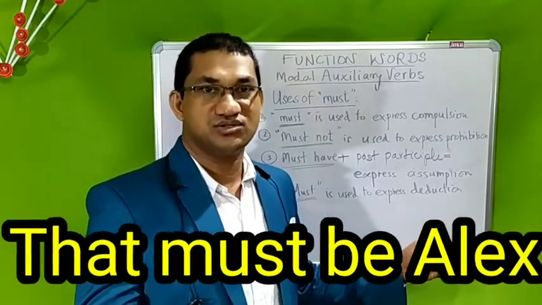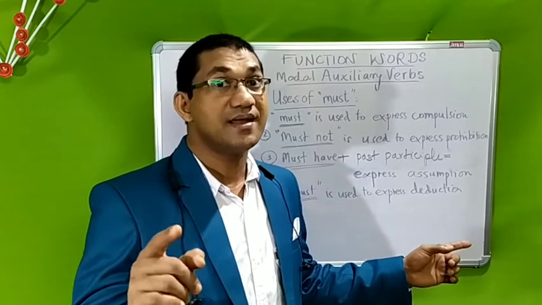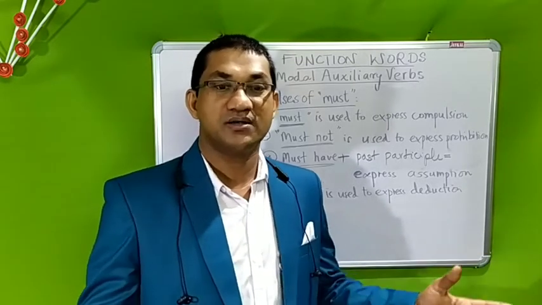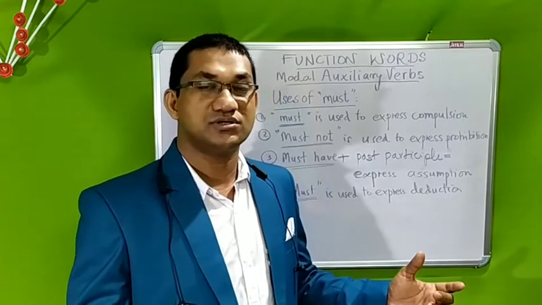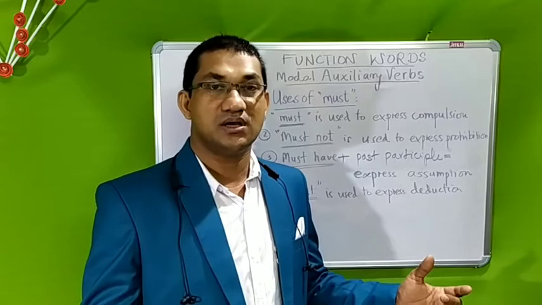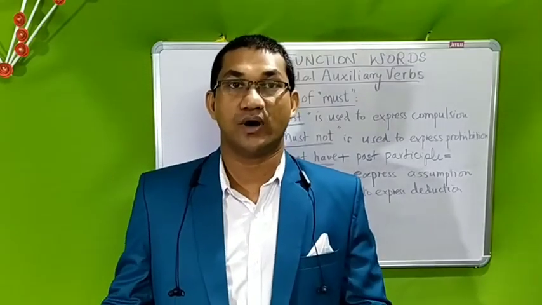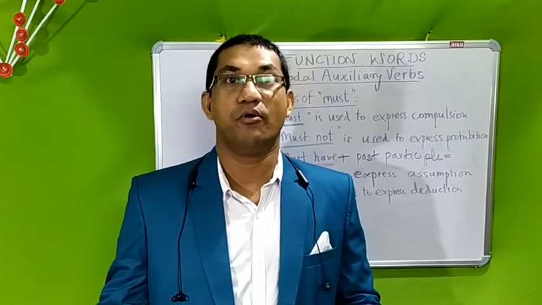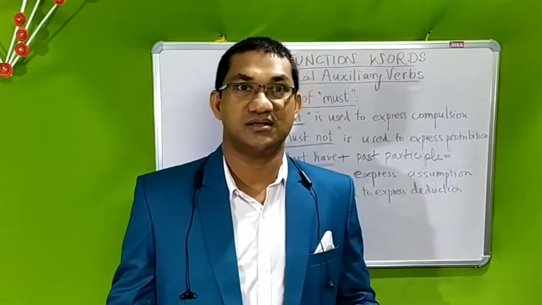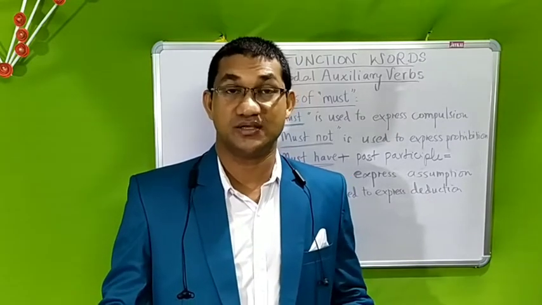Something is done and we are just thinking who could have done that, and we say that must be Alex. Or else we can say another example for the use of must to show deduction. When you open your door and look out at your porch, you see a box, and you understand that it is a box of books, and we are just making a speculation.